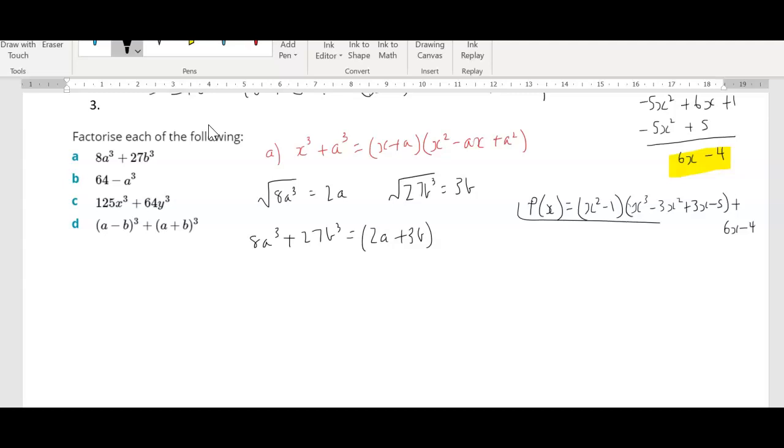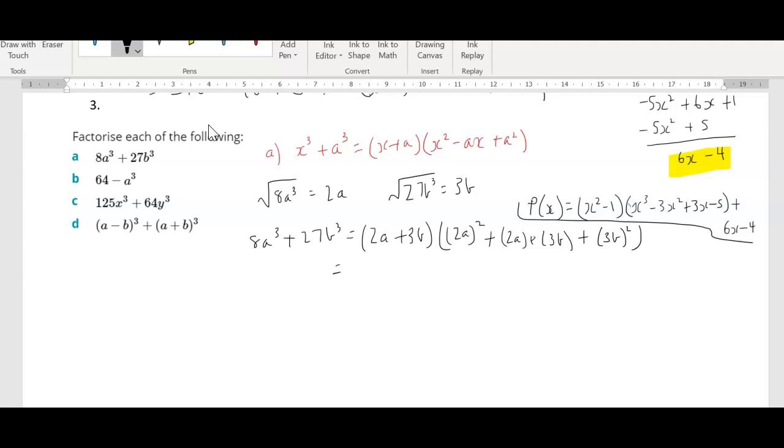And then x squared is 2a squared. Put brackets, remember you're squaring 2a, not just the a. Plus, and then we multiply them together, so 2a times 3b, and then 3b squared.